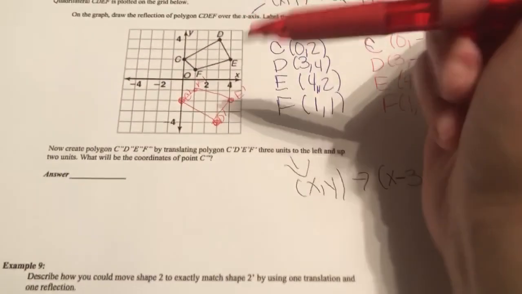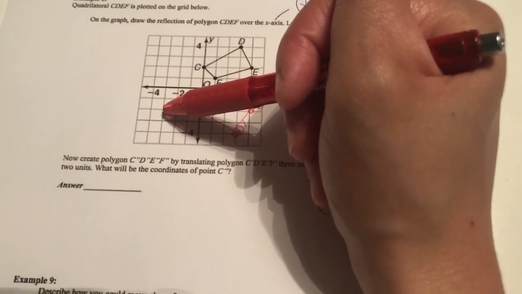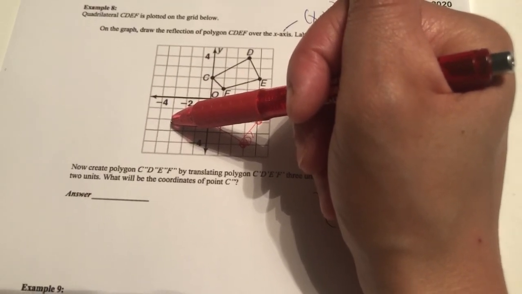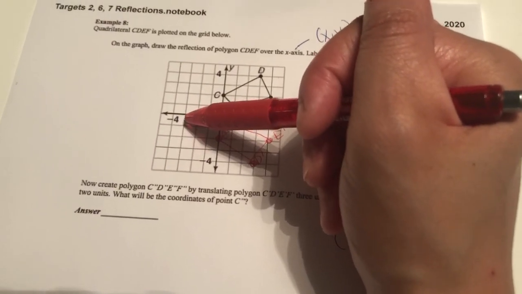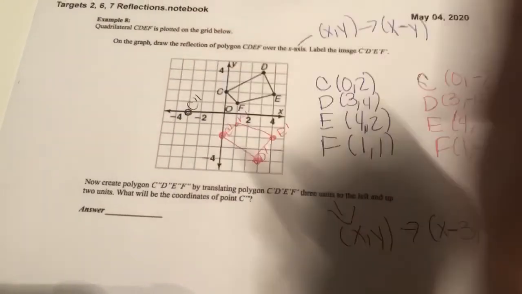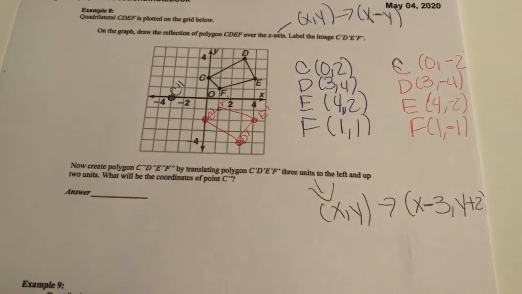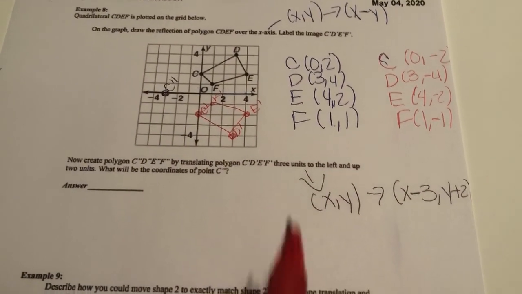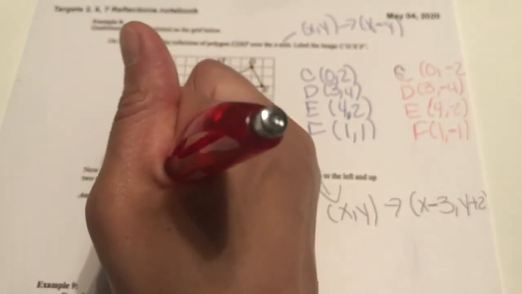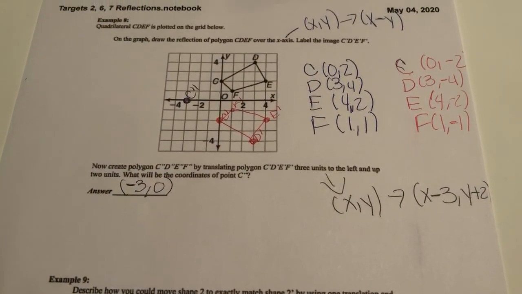And then I'm going to go up 2 spots: 1, 2. So after I moved 3 units to the left and 2 units up, my new point for C double prime would be (-3, 0).